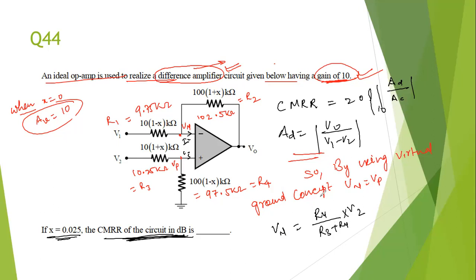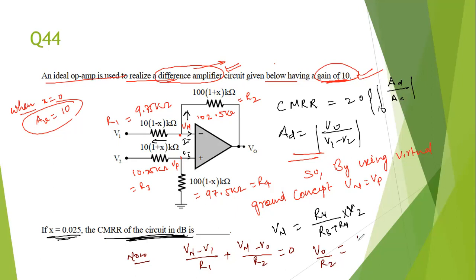Now, total outgoing current equal to 0. So apply KCL here. This becomes Vn minus V1 upon R1 plus Vn minus V0 upon R2 equal to 0. Now just solve here and you will get V0 by R2 equal to Vn.